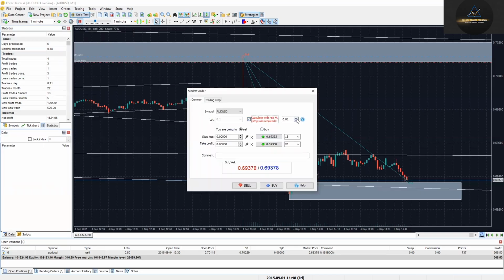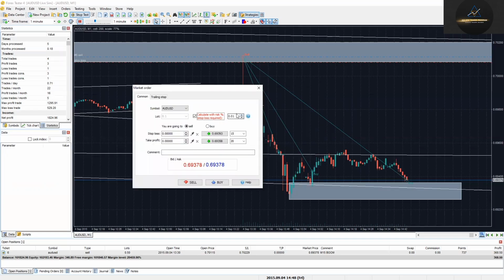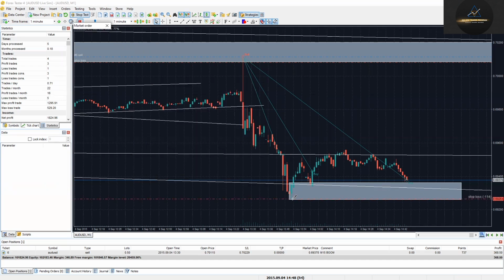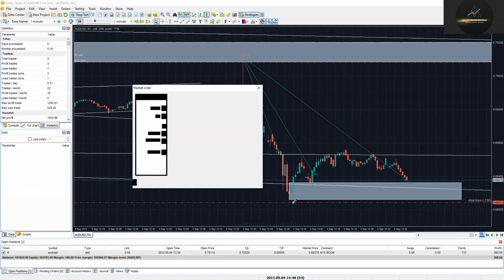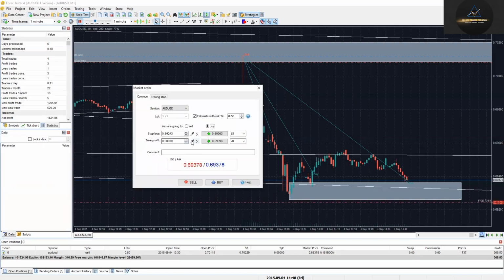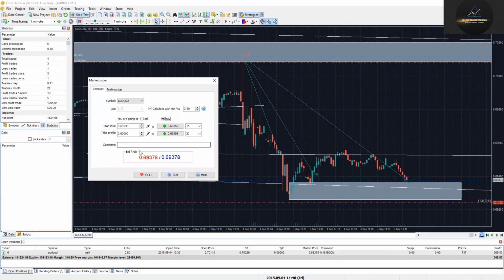Let's do 0.5% again. And let's wait for a confirmation entry. This time we want to buy. Stop loss, it's 12 pips, so let's make it 13.5 pips. TP, I'm not going to set a TP right now. And this one is an H4 counter.